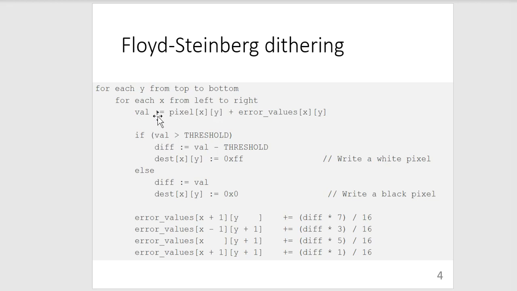you calculate a new value based on the current value and the error value of that pixel. Next, you make a comparison between the new value and a threshold. If the value is greater than the threshold, the pixel value is set to the maximum, 255, and you save the difference. If the value is less than the threshold, the pixel value is set to 0, and the difference is set to the old pixel value. Then you need to propagate this difference.